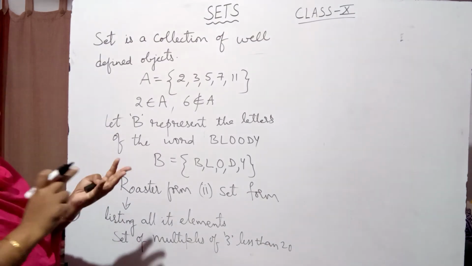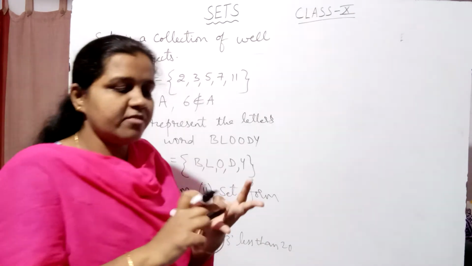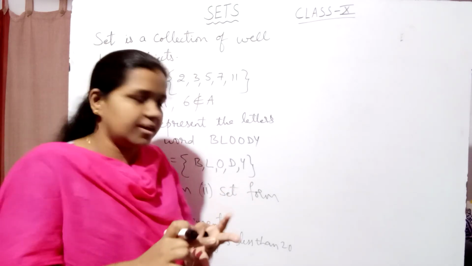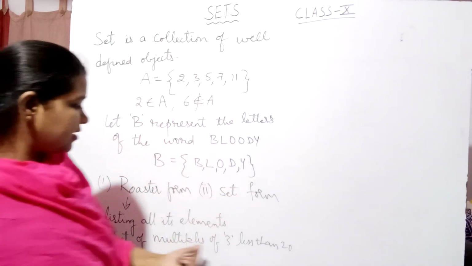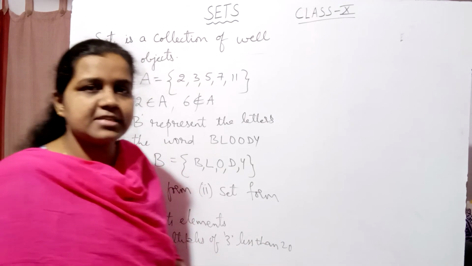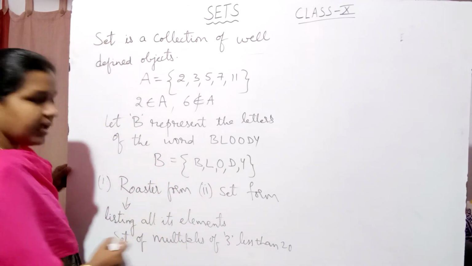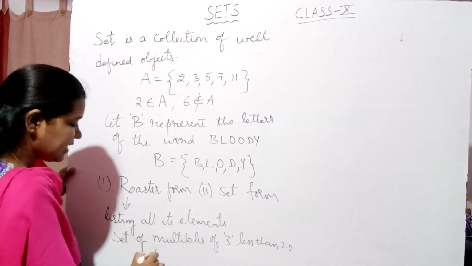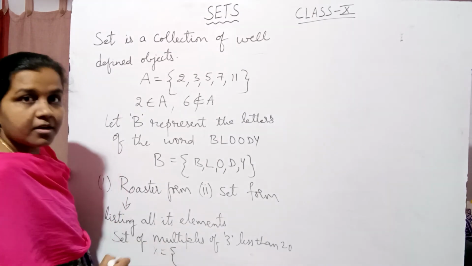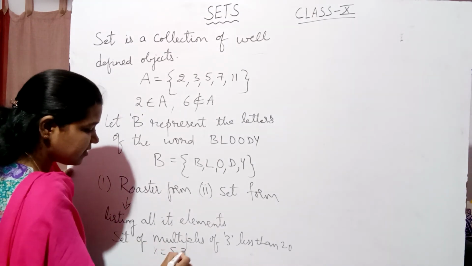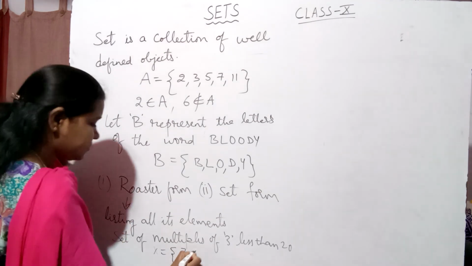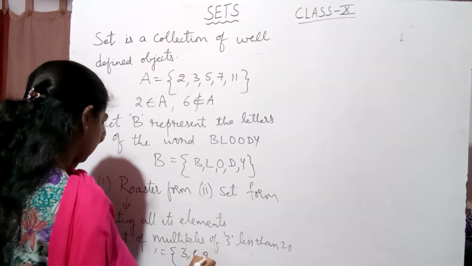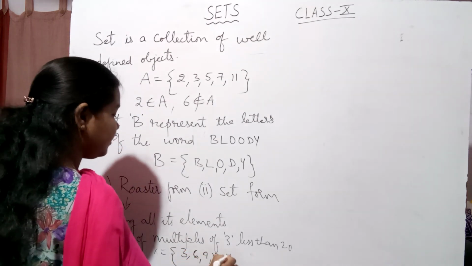We know 3, 6, 9, 12, 15, 18. We have to stop at 18 because here we are taking the set of all multiples of 3 less than 20. Let us represent it by capital X. So here we get X is equal to 3, 6, 9, 12, 15, 18.